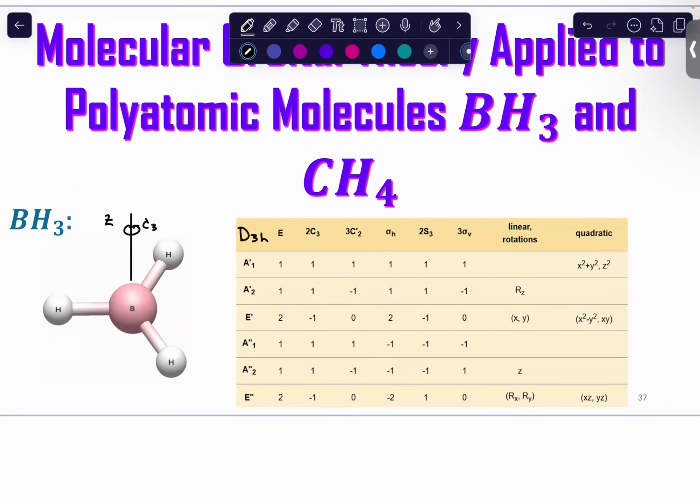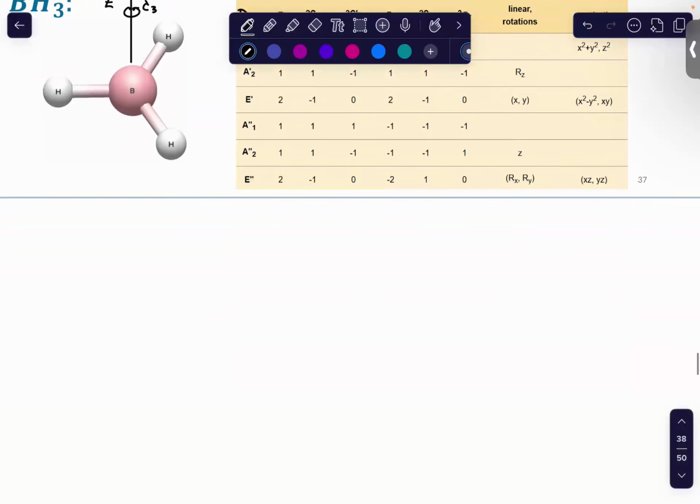Okay, let's start looking at the symmetries of some of the orbitals. Okay, so I take... I'm going to try to draw this on its side as best I can.